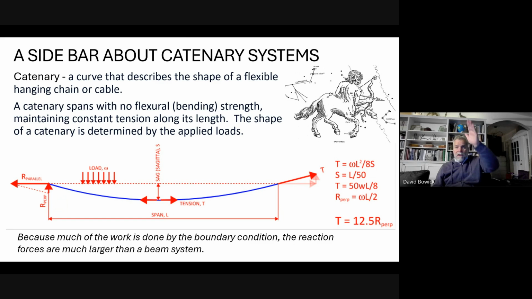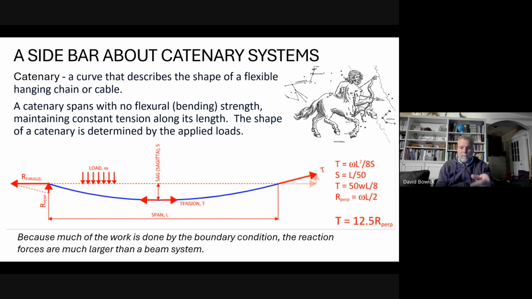That's what we said our deflection limit is for our cable wall, and that's a fairly normal limit for a tension system, L over 50. Substitute that back into the first formula, we get tension is 50 wL over 8. And the reaction perpendicular to the force is wL over 2.